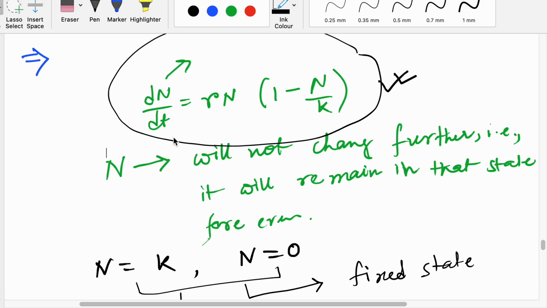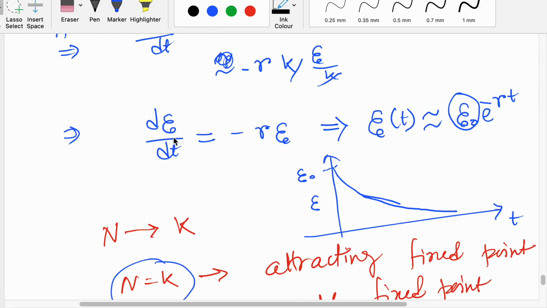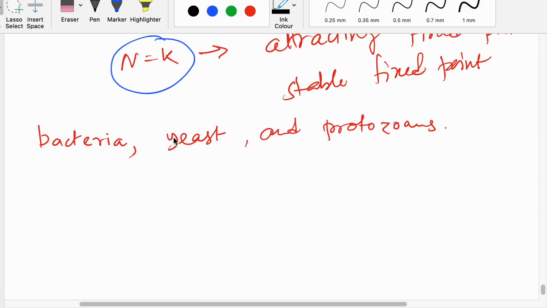At least we can say from linear stability analysis that the population will not go extinct. It will grow to the carrying capacity or something else, but we can safely say that if the population follows this type of equation, it will not go to extinction. And that is all about the continuous model.